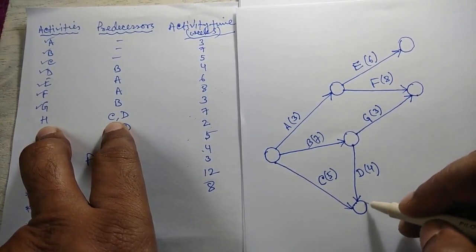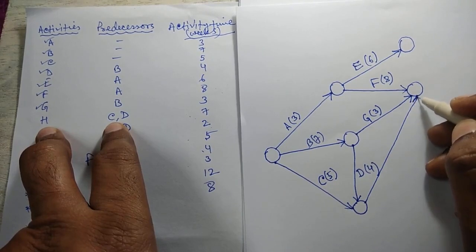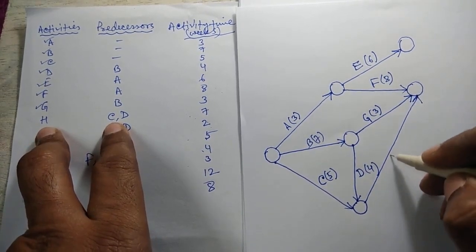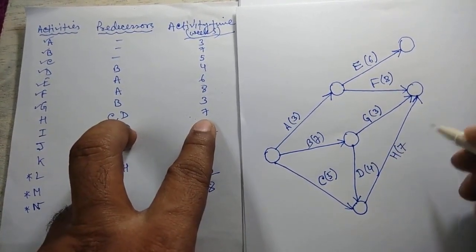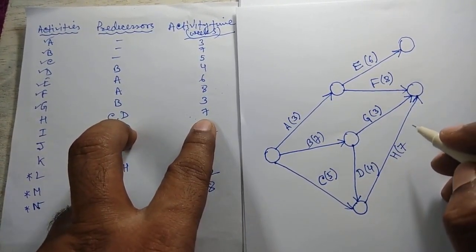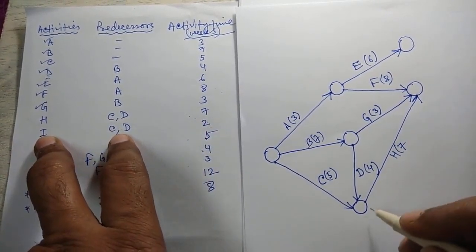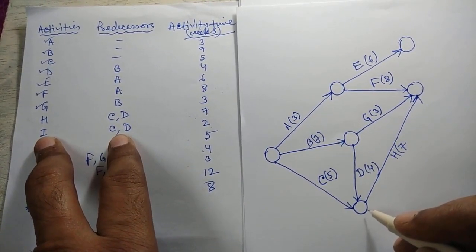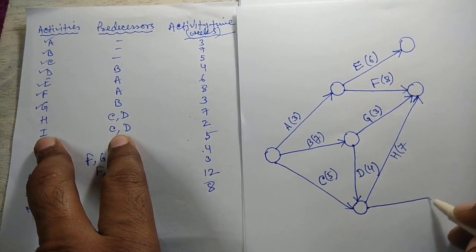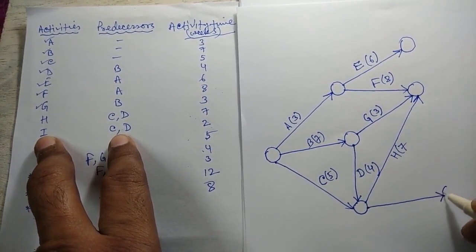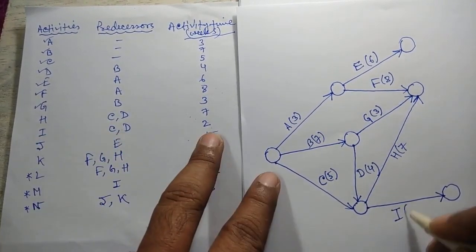So here, this is H, and timing is 7 weeks. Now I will start from this node, that is CD. Here I will start. This is I, 2 weeks.